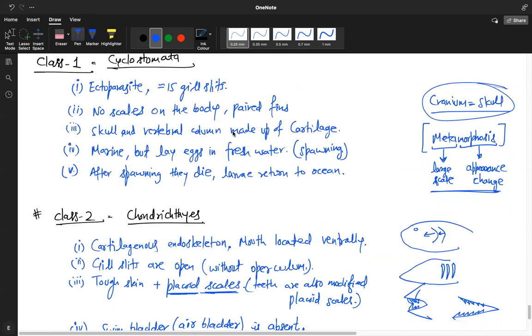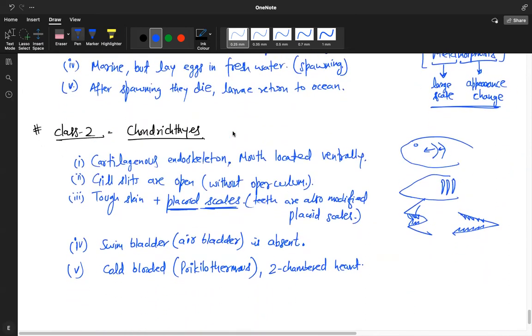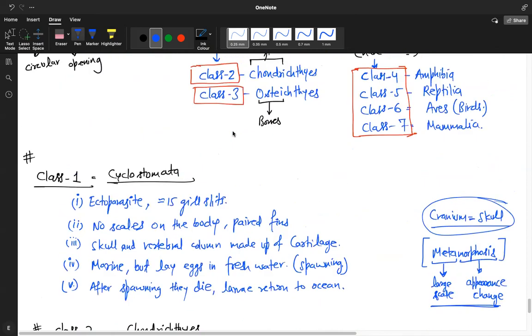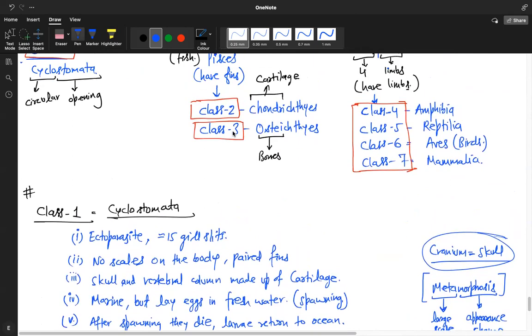We have done 2 classes. Now you know how to do it. Can you do the same thing for amphibians, reptiles, birds, and mammals as homework? Just 5 major points for each, before we meet. We have 7 classes here. 2 we have done, 5 are left.